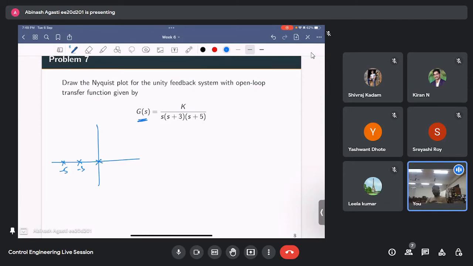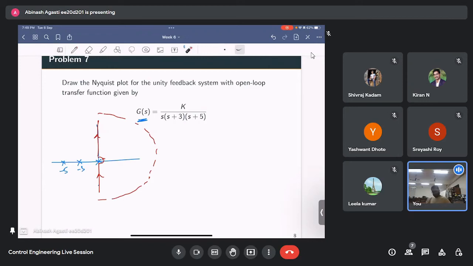From that we have a relation between the number of open loop poles and the number of closed loop poles. So here we will be mapping this by G(s).